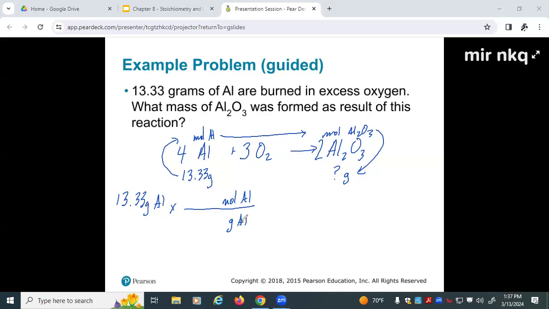Periodic table. Thank you, Thomas. So for aluminum, molar mass is 26.98. My grams of aluminum cancel out. I'm at moles of aluminum. So I'm here now. Just for emphasis, I'm going to change color here just so that we can kind of track where we are in the mole map.